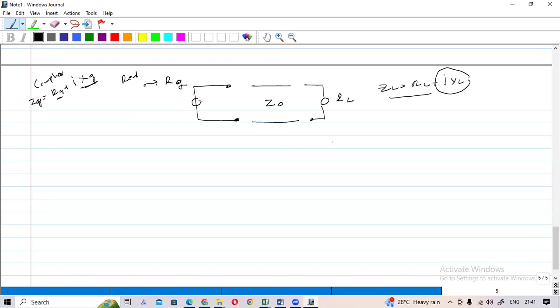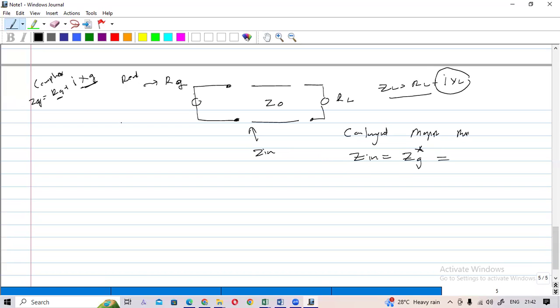So you know that at the conjugate matching, we can get the maximum power transfer. So here also, if you consider the conjugate matching, your input impedance Z in should be equal to the conjugate of Zg.